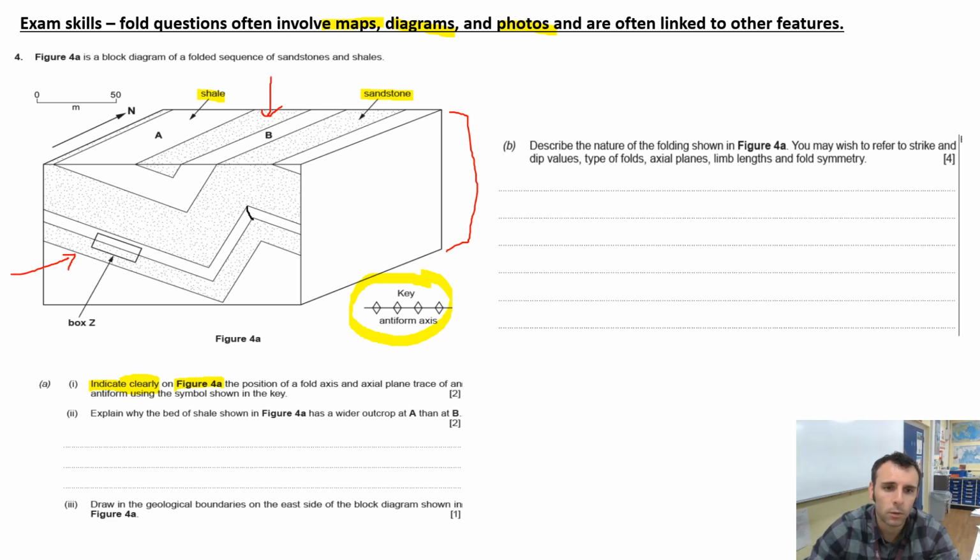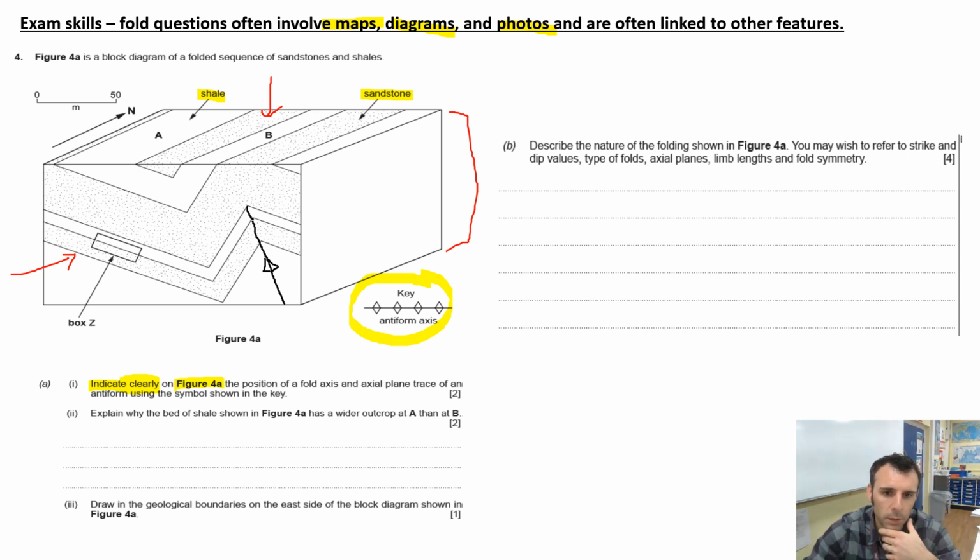You'll be able to do this easier than I will because I'm doing this freehand, but you're probably looking at an area down through the core of the fold. So you can add that in, and you can use the symbols they've given you. Be aware of what that antiform symbol looks like, because that triangle is key. If it's a synform, it's the opposite.